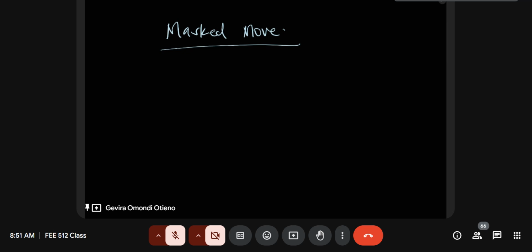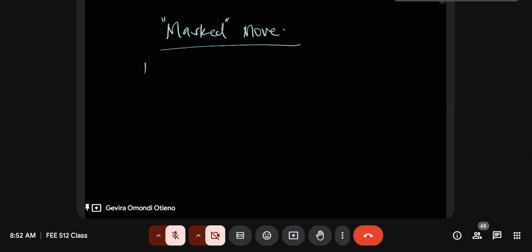So I told you initially when we were starting that this is a very special type of move. It's different, not widely, but it slightly differs from the move instruction that we have just talked about. Here, the word mask is involved. Masked move.